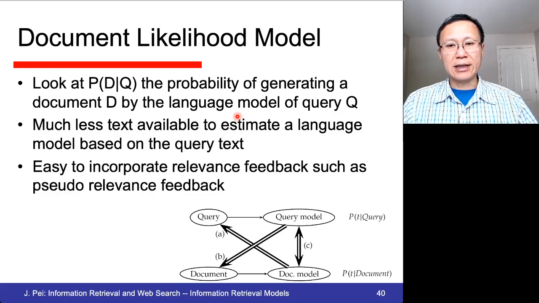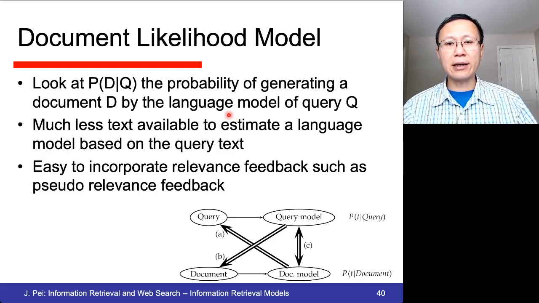Now, we discuss the document likelihood model. The idea here is that we look at the probability of D conditional on Q, which is the probability of generating a document D by the language model of query Q. Because the query text is typically very short, containing only a small number of words, much less text is available to estimate a language model based on the query text.